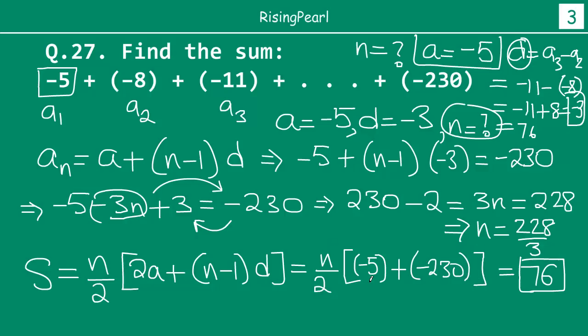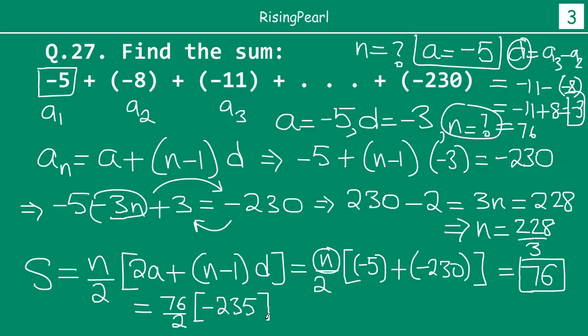It's important that even if you want to use this formula, that is n by 2 times first term plus last term, we still need to know how many terms are there. So we have to calculate the value of n to find out number of terms which are there. So n is 76. So simply if we were to now just put the values here, 76 by 2 times, so this will be minus 235.